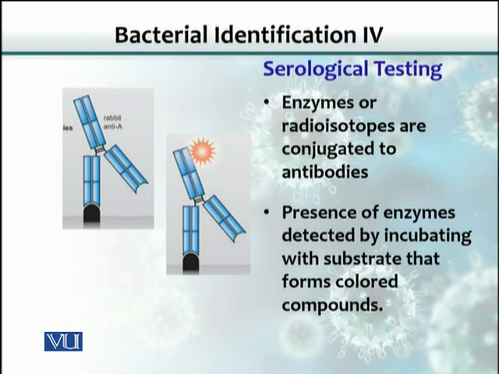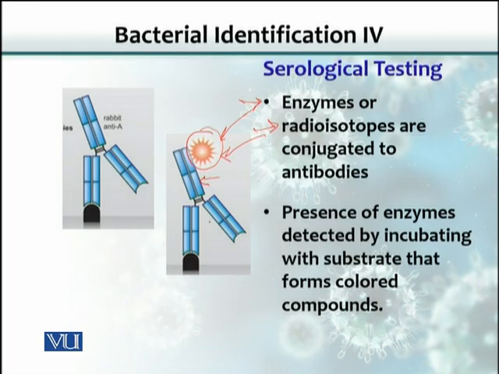In serological testing, as I mentioned earlier, probes such as enzymes or radioisotopes could be tagged to antibody molecules. As you can see here, this is an antibody molecule, and this small sparkling thing could be either an enzyme or a radioisotope tagged to the antibody. And here is the antigen.